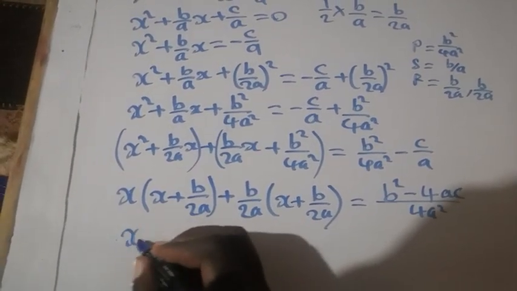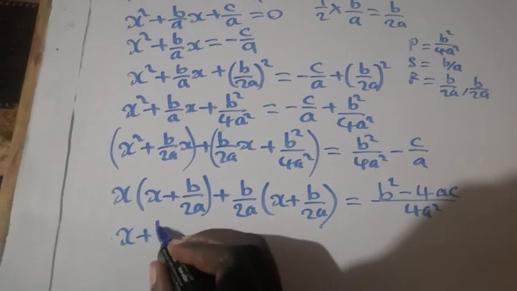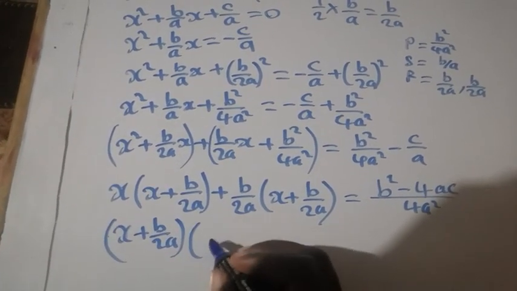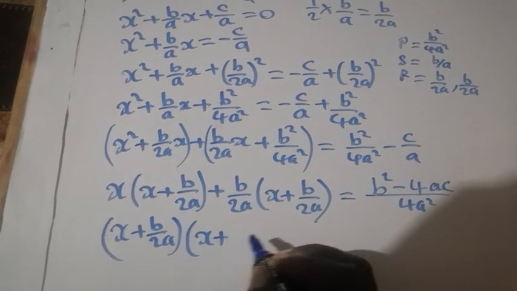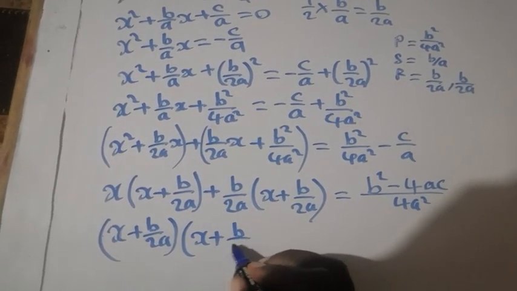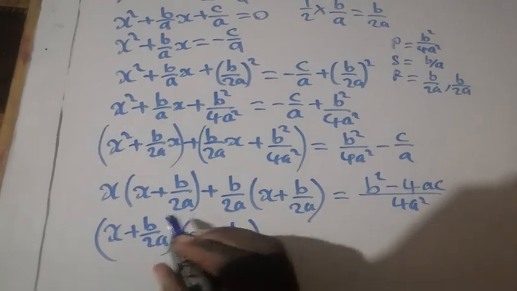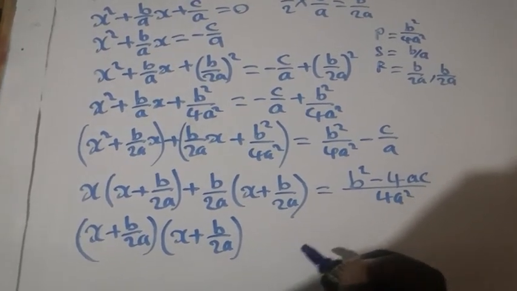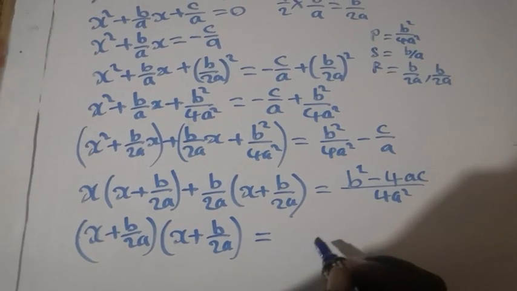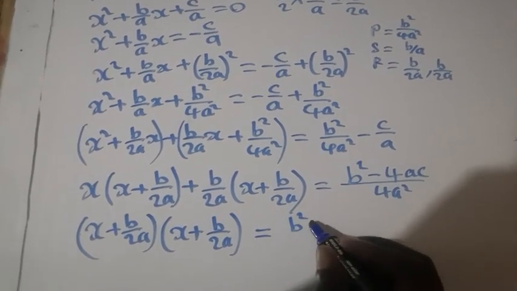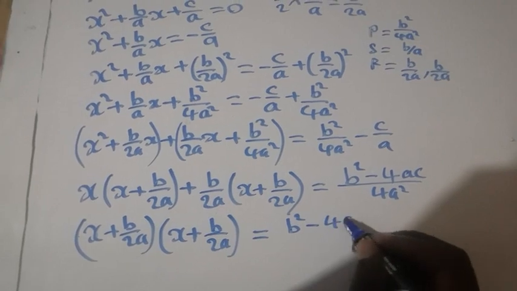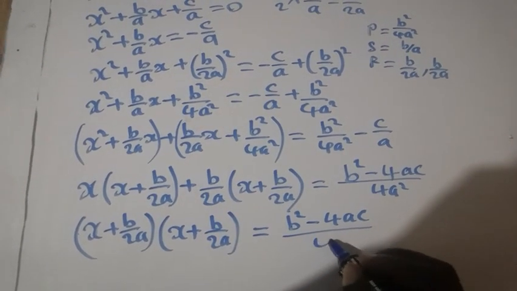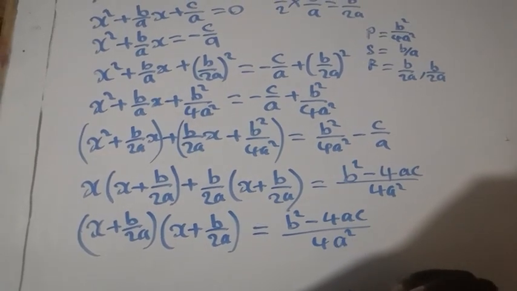Now we group the factors. We have x plus b over 2a, another x plus b over 2a. Since here we have two same expressions, we write one expression, which is equal to b squared minus 4ac over 4a squared.